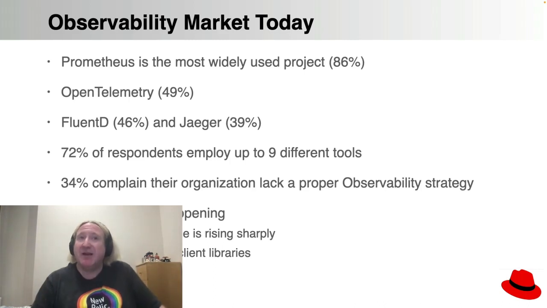It's not fully GA yet, and yet it's already being used by about half of the folks who are adopting observability as a whole. In particular, Jaeger, which is a tracing solution, have decided to end of life their client libraries. So Jaeger is pivoting to be a tracing backend, and for its client and its data ingest libraries to switch over completely to using OpenTelemetry. So that is just one sign of how the market is already beginning to consolidate.